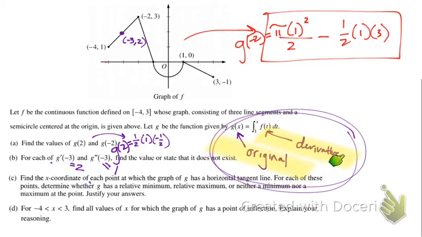I know I kind of notated it here, but in your justification for part C, I want you to write f of t equals g prime of x. Writing that tells the reader that you understand the relationship between these two functions and that when you're looking at the graph of f, you're actually talking about the derivative of g. That way, if you use the words the derivative, they know already that you're connecting the derivative to f of t.